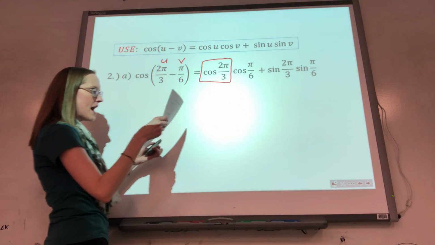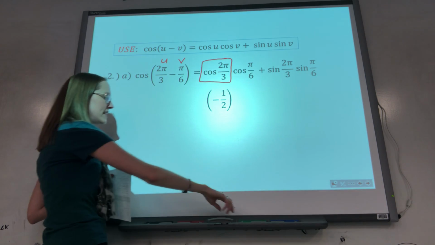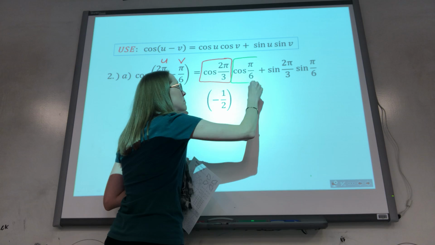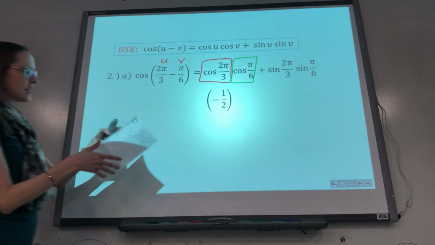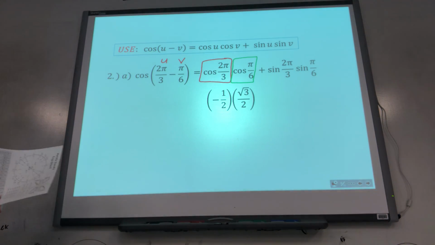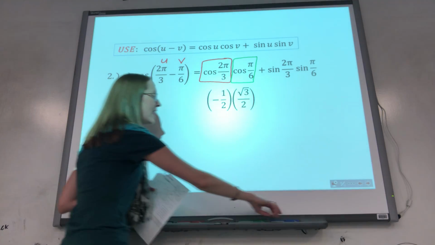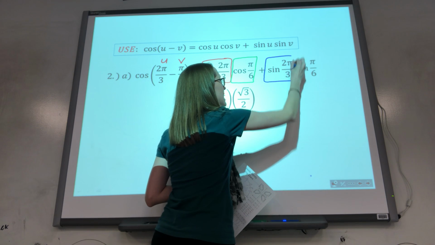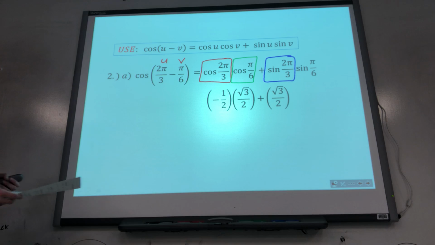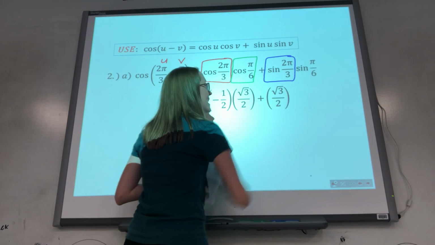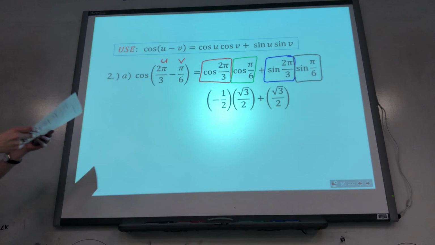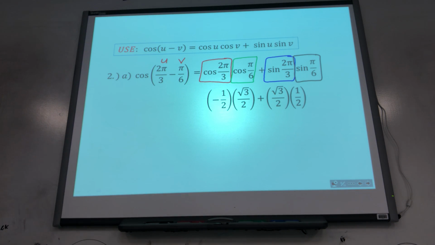Cosine of 2 pi over 3, that is negative 1/2. It's going to get multiplied by cosine of pi over 6, which is radical 3 over 2. Then I need to add sine of 2 pi over 3, which is square root of 3 over 2 again, times sine of pi over 6, which is 1/2.